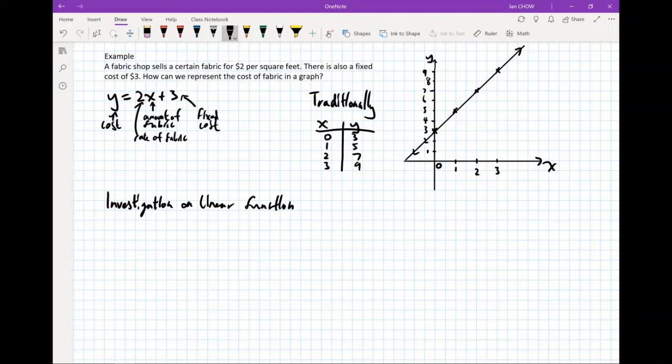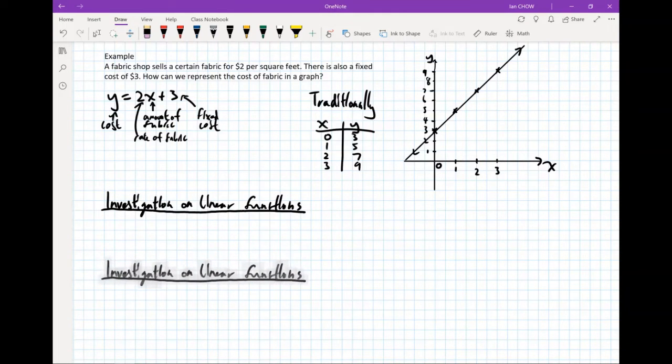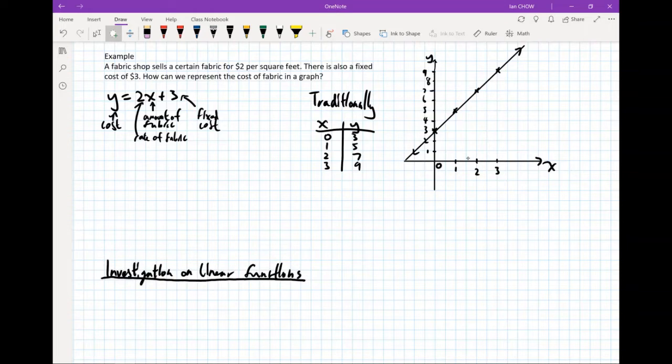Now, I forgot to mention the meaning of linear functions, so I'm going to do that first. Let me quickly put this at the bottom. Linear actually comes from the Latin word linea, which means line.